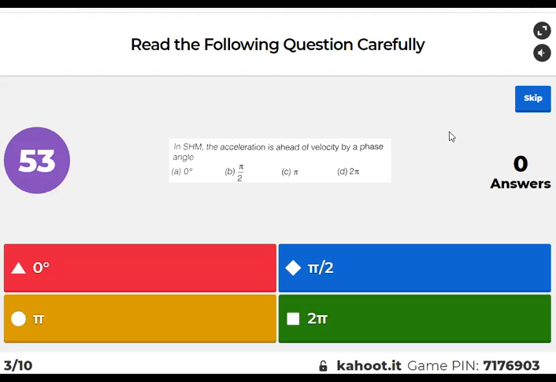This is a basic conceptual problem. What is the phase difference between velocity and acceleration, right? That's it.